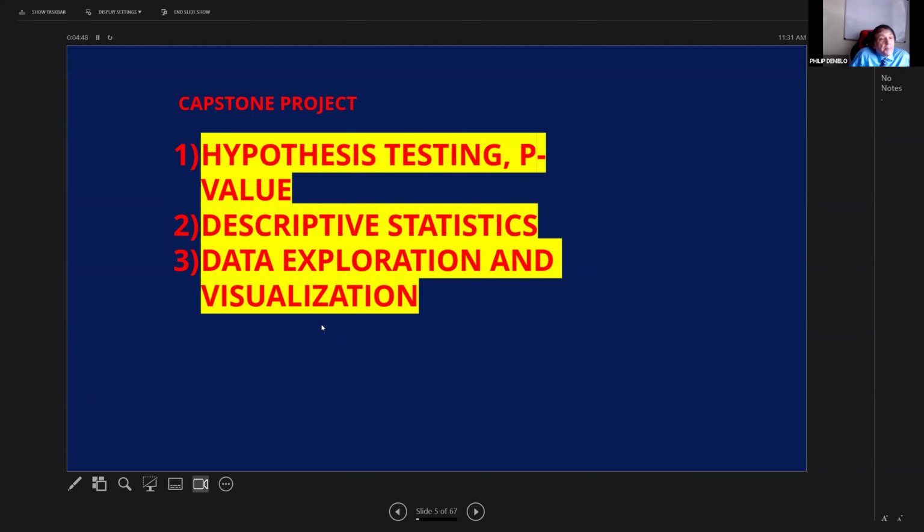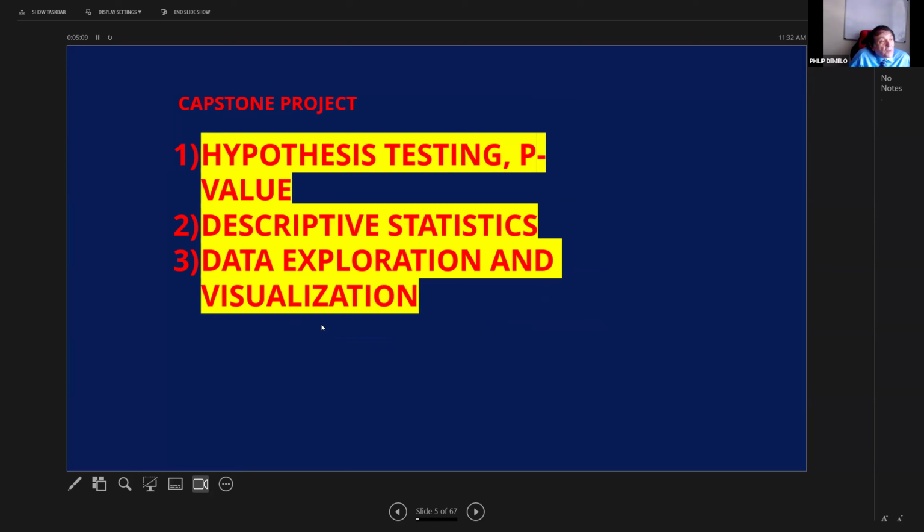Now, regarding the capstone project, we teach them how to use introduction to statistics, which we train them for, hypothesis testing using p-values in T or Z test models.